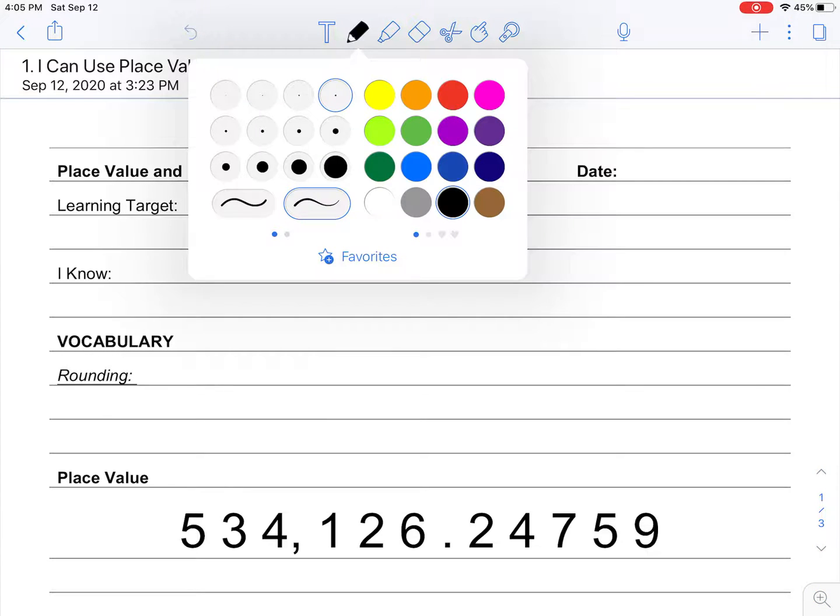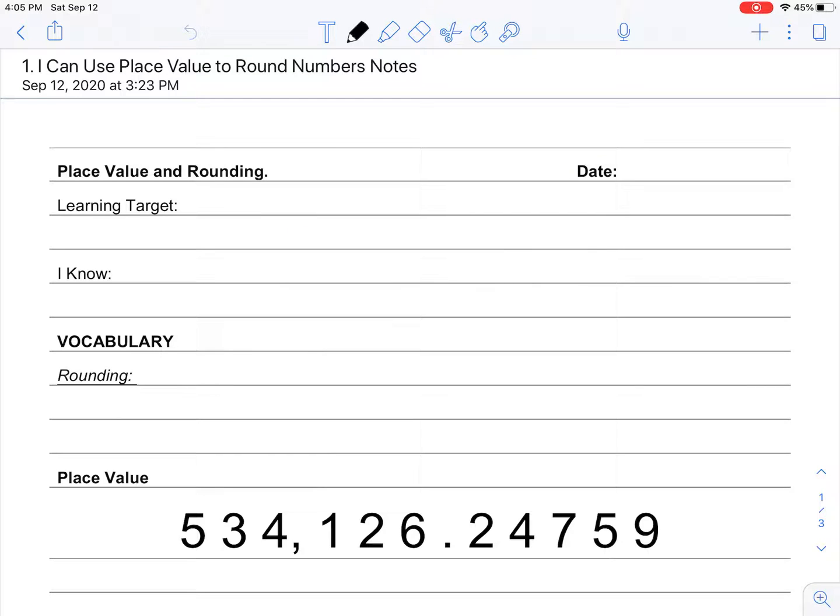Again, up here you can change the width of your pencil. There's a highlighter, eraser, or you can type as well. First thing we do every single time that we take notes is write down our learning target.